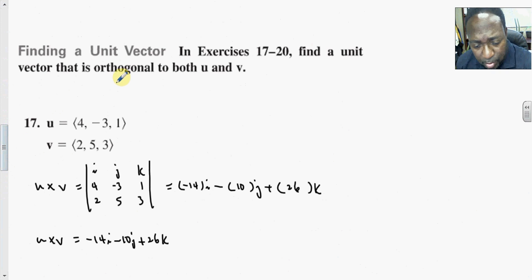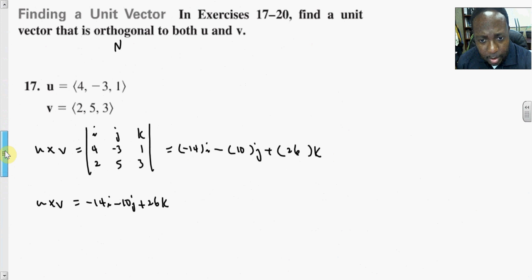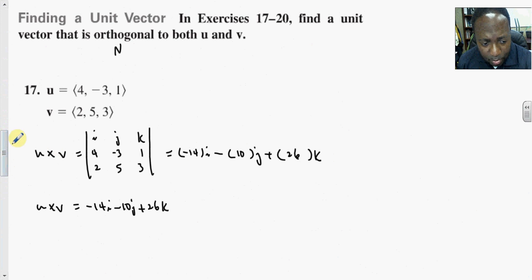So here they want you to find a unit vector that is orthogonal. We'll call this orthogonal vector that's a unit vector N. And N just represents normal, and normal means perpendicular.